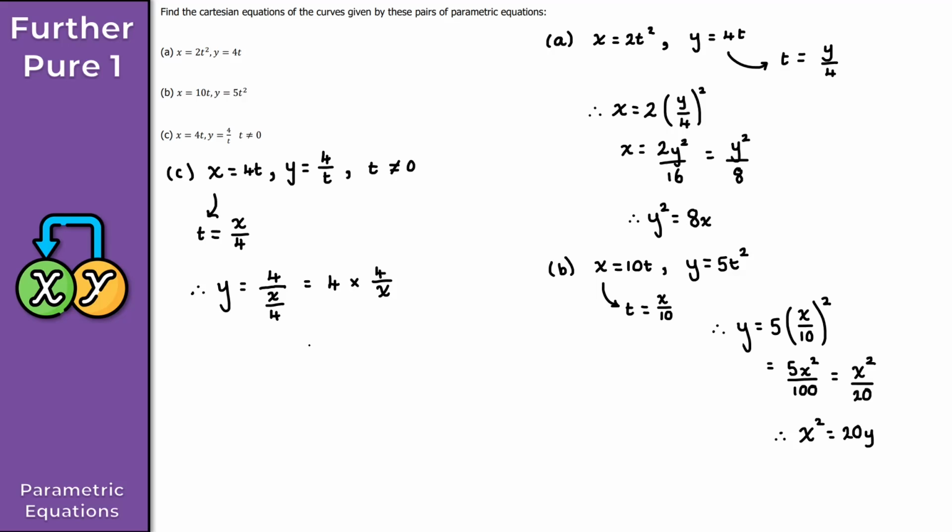This gives me 16 over x. So y is equal to 16 over x. Again, we can make this look a little neater by timing through by x. So what I get is xy is equal to 16. And there we have it. That gives us the solution to the very last part of this question, part C, and the solution to question 1. And that brings the end of this video on parametric equations.